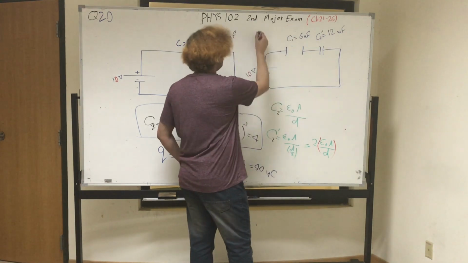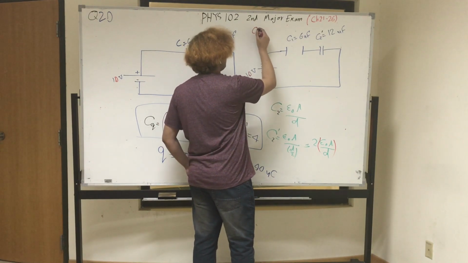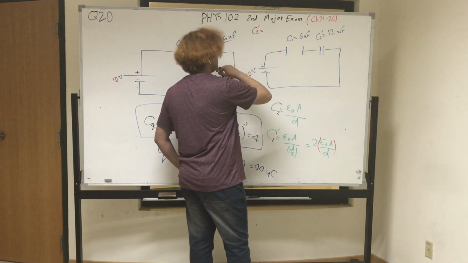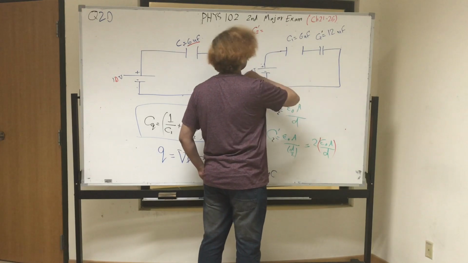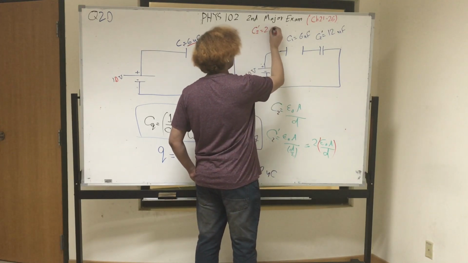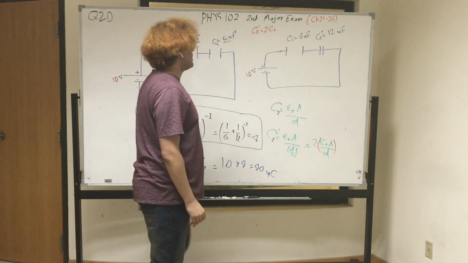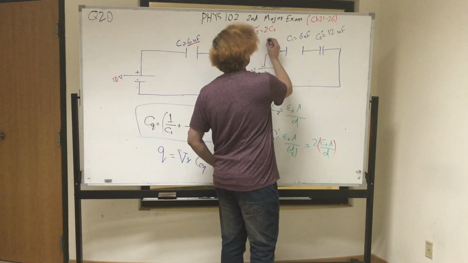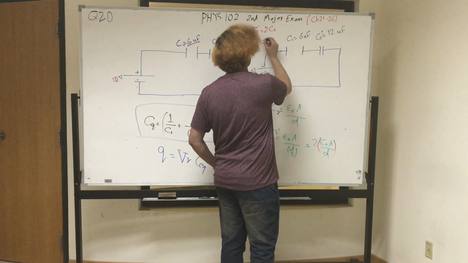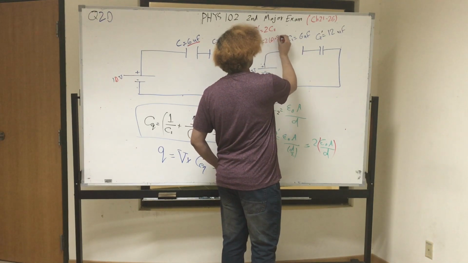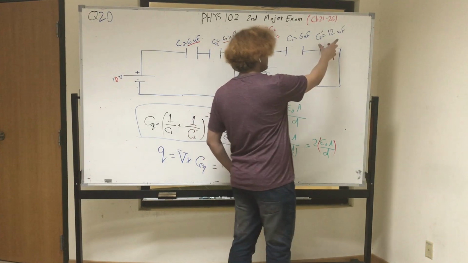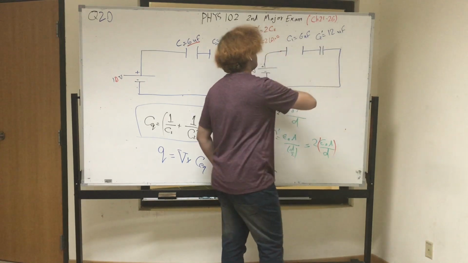Okay, so C2 prime, the capacitance after we reduce the distance, is equal to 2 times C2. And we already know that C2 here is 6. So C2 prime is equal to 2 times 6, which is 12. So the capacitance is now equal to 12 microfarads.